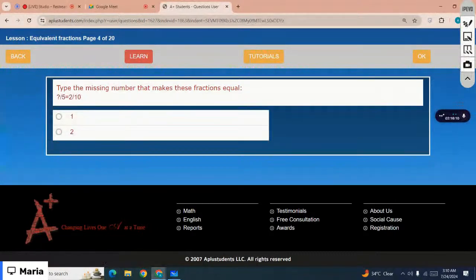Okay, type the missing number that makes these fractions equal. So which is the correct option?